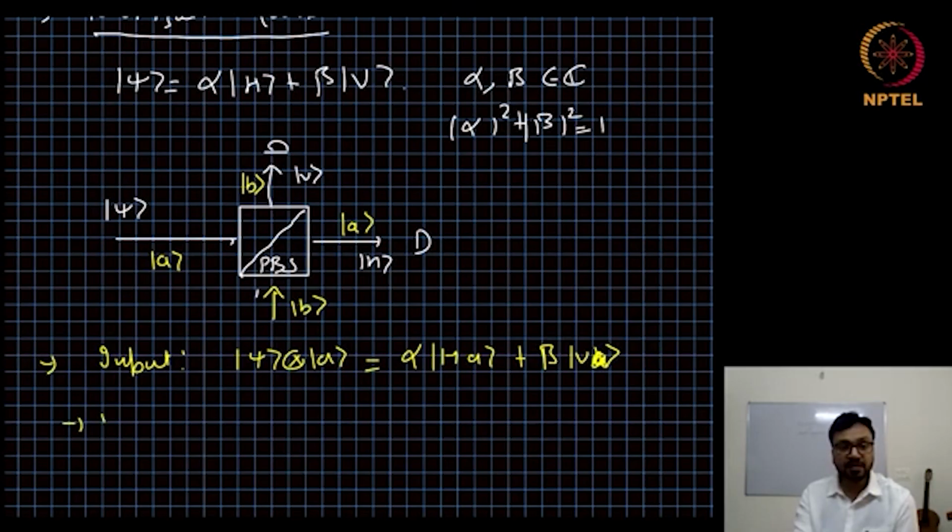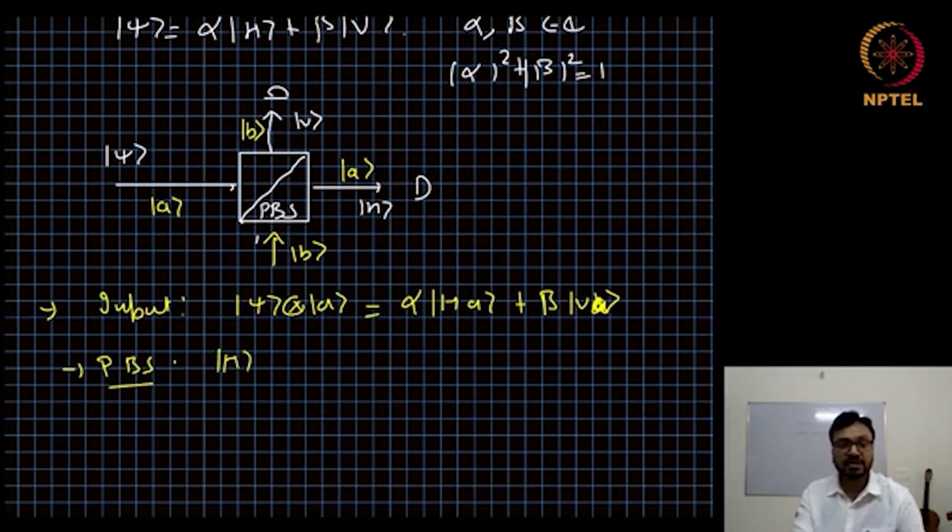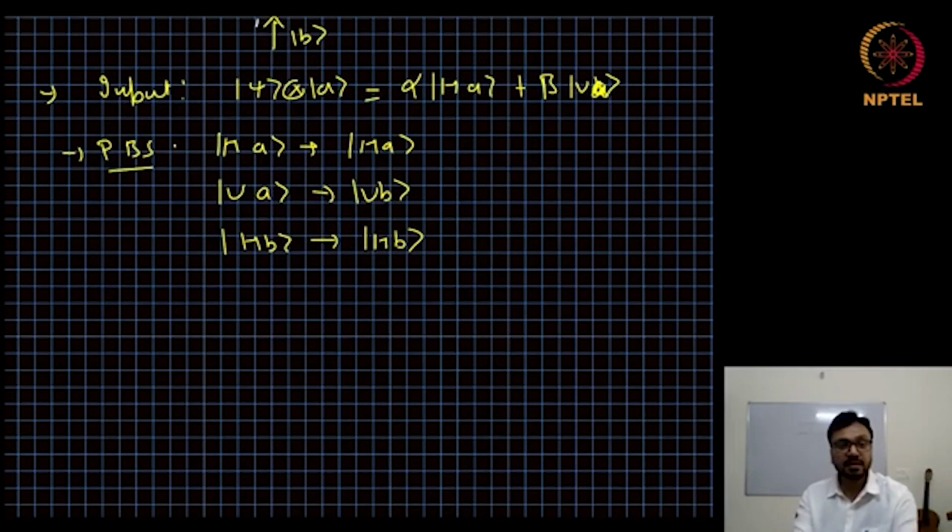Now, when we pass it through the polarizing beam splitter, HA goes to HA. It will remain in the same path, but VA will go to VB. HB will remain the same, HB, and VB will become VA.